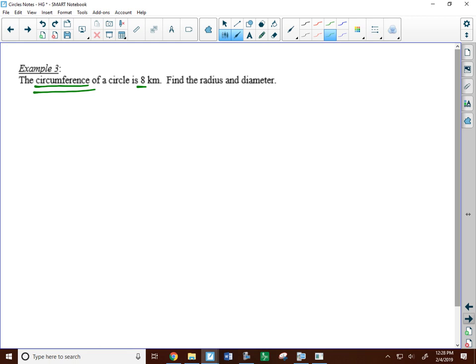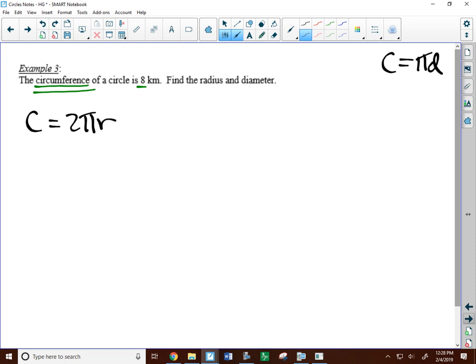So if we look back at page 1, we got the circumference formula. This is also on the formula sheet. I'll mention in a minute, yes, you could have done pi d on this one, but again, I just do 2 pi r because that's the formula they give us. So find the radius and diameter.